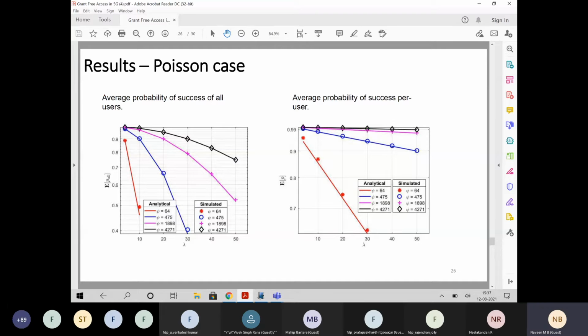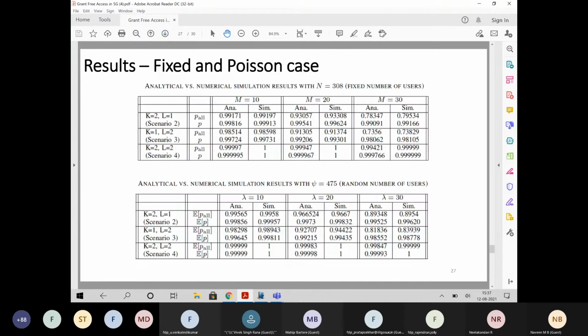These are all for a single antenna base station. Instead of having 64 preambles, you make it 475 preambles, and you will be able to support more users in a grant free manner. That's what we proved. So these are some more scenarios.